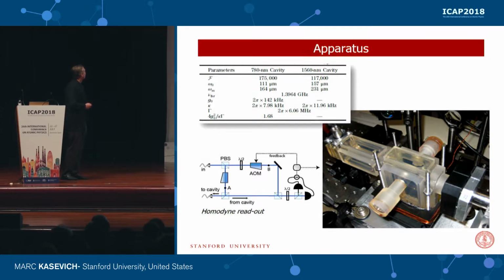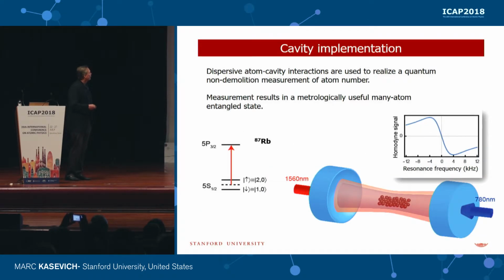The cavity line width is about 8 kilohertz. And the cooperativity for a single atom is approaching 1. The readout of the cavity resonance was done in homodyne, and here's a schematic of the homodyne readout, which resulted in this curve as, for example, the 780 nanometer laser is swept through the resonance.